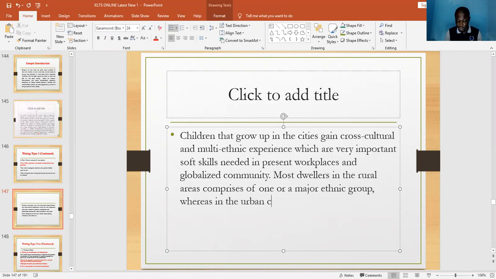Whereas in the urban centers or urban areas, I was thinking about different people, but a better way of expressing it came up in my mind.